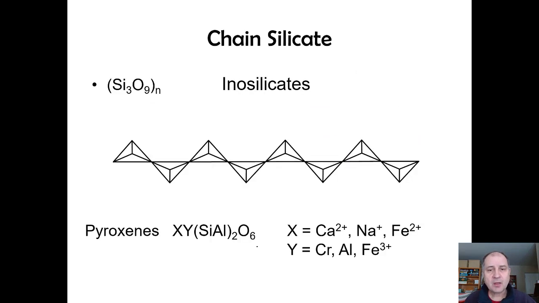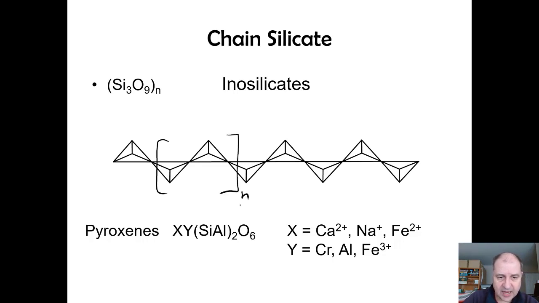Inosilicates, sorry, it's called inosilicates, examples are pyroxenes, and so obviously, as I mentioned, we have charges. So we have this unit here that's repeating. Let's see if I can get it correct this time.